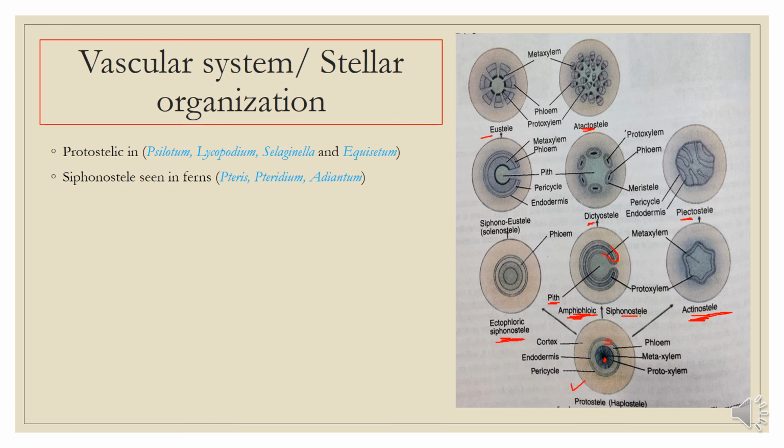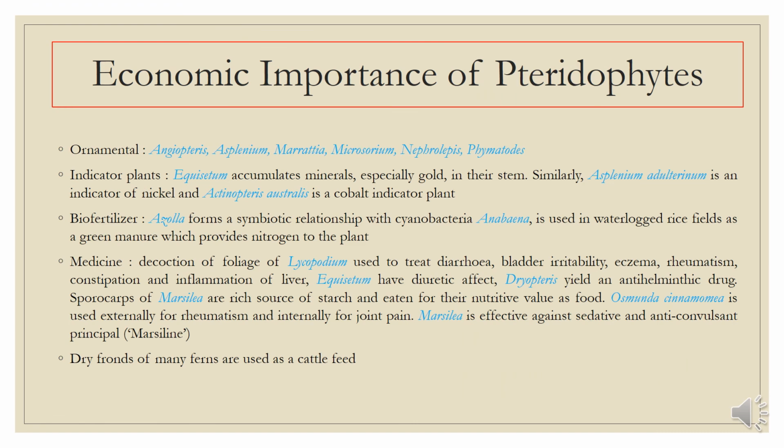So this type of stelar organization is very important because it is first found in the pteridophytes. Pteridophytes are of immense economic importance. First, I should say they are of immense evolutionary importance, because they are found even before the dinosaurs, in fossil records, as they are the precursors to the land plants.